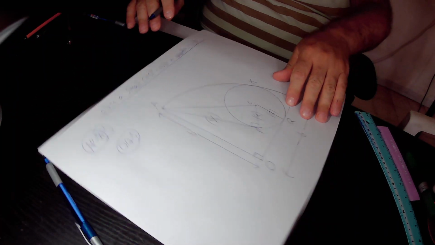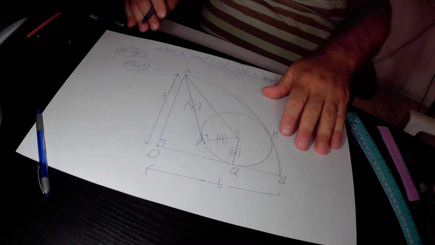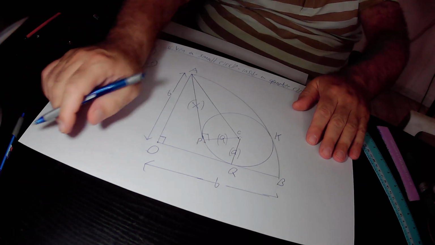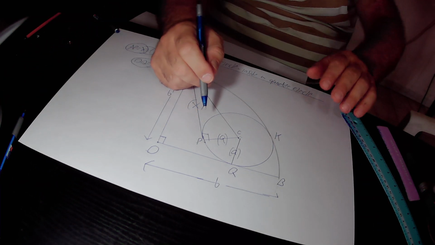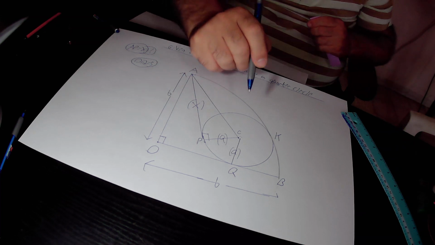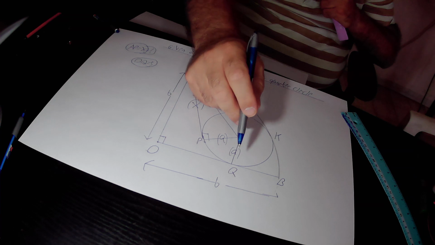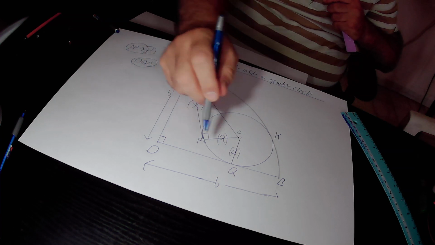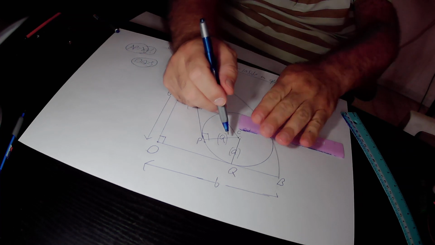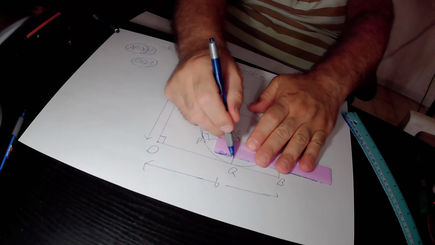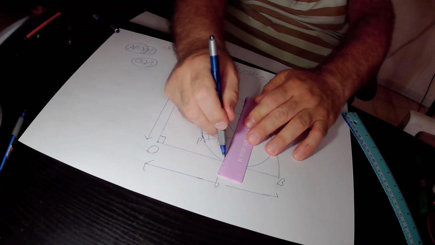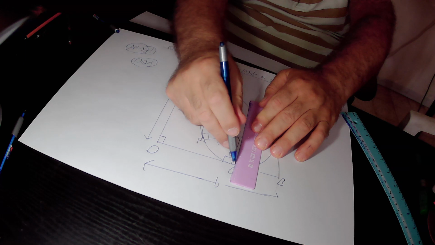Again, the radius CQ is drawn to point Q, the point of tangency of OB with this small circle. And whenever a radius is drawn to the point of tangency, then tangent OB will be perpendicular to the radius QC. If OB is perpendicular to QC, this angle equals 90 degrees, and this angle also equals 90 degrees according to rule 1.